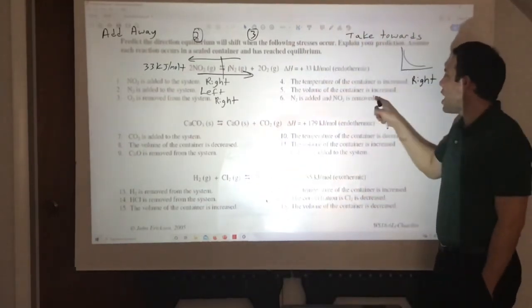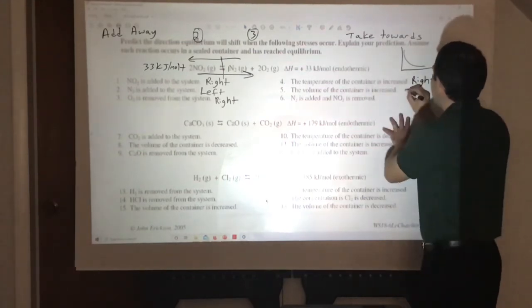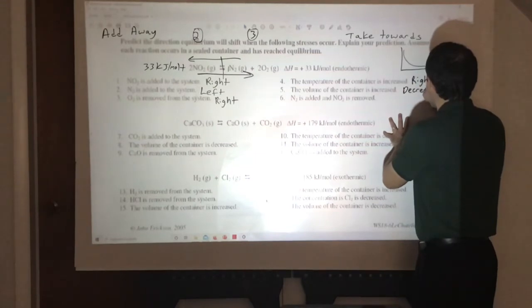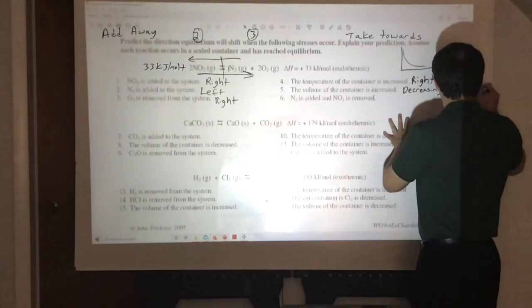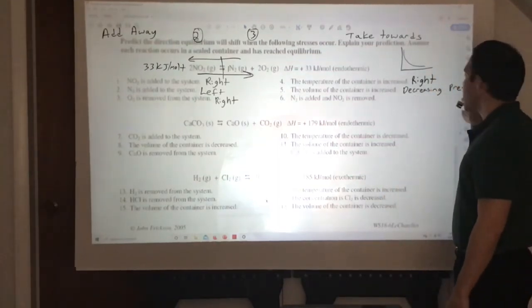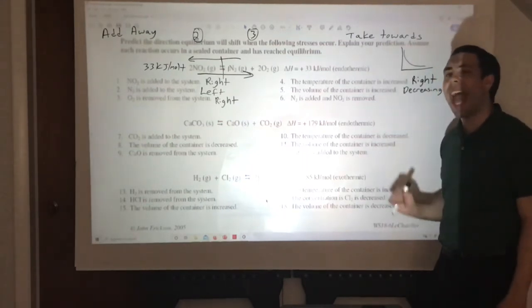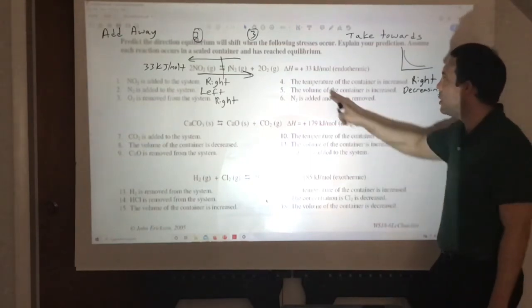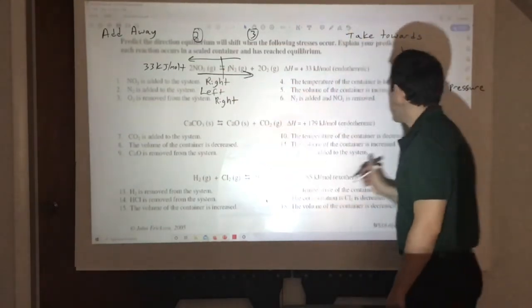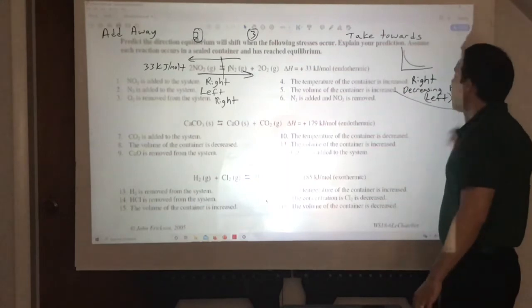So if we are increasing volume, that really means that we are decreasing pressure, according to Boyle's law. So if we are decreasing pressure, we are going to shift to the side that has the greater number of moles, which is the right, so we are going to shift right for number 5.